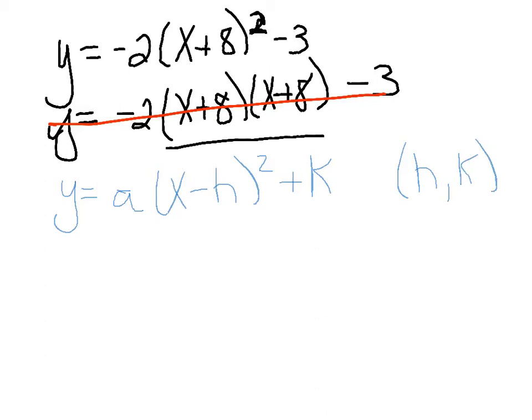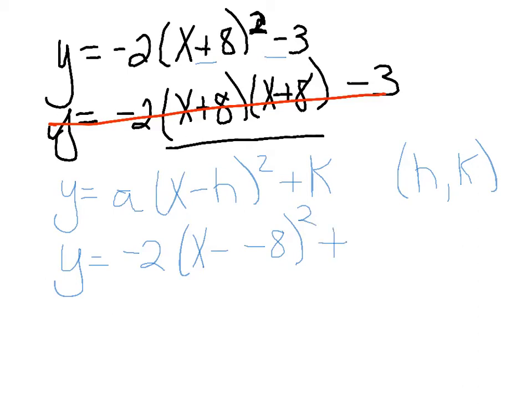Okay, now compare this form up here to this one. What's wrong? Well, that sign's not right, and that sign's not right. So I need to try to get it into that form without actually changing the value of anything. So the way I do that is changing that positive sign into a negative. If I cleaned up those signs, that would still be x plus 8. So it's still legal in algebra terms.